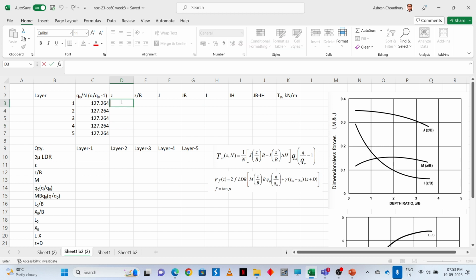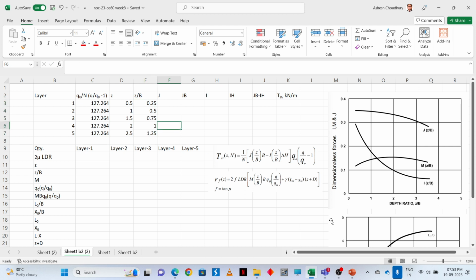Now what is z again? 0.5, then 1, like this it will go. Z by B, now B is 2.